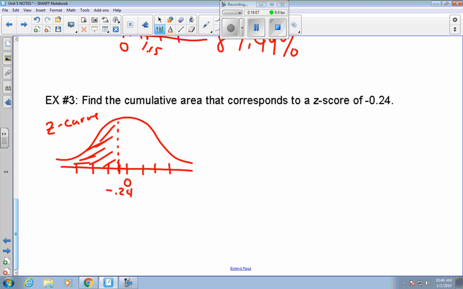Look at the table on the right. You see how the numbers at the top go 0.00, 0.01, 0.02, so they go up. So you got to be very careful of that. So negative 0.24 brings me to a corresponding cumulative area of 0.4052.